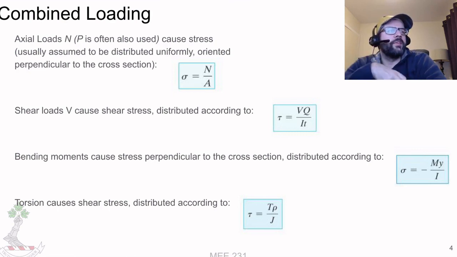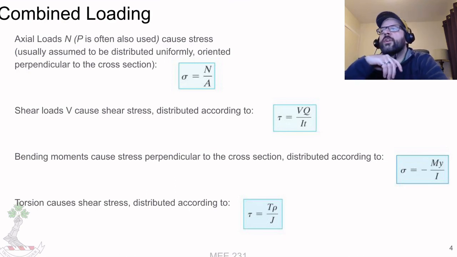Our bending moment, its stress is going to be perpendicular to the cross-section, and it's again distributed according to the negative moment times y over I. Again, that y is measured from the neutral axis of the cross-section.